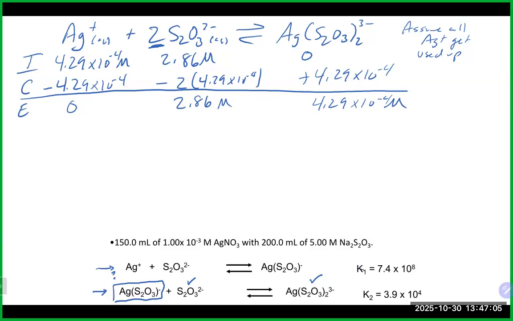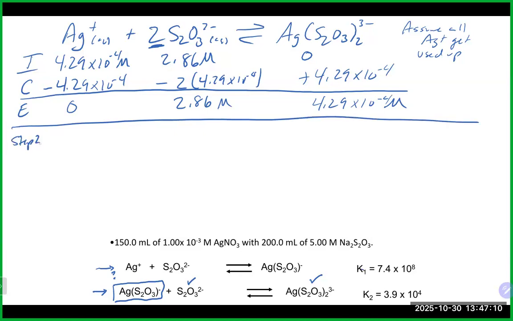And that means looking at step number 2 here, I have a K2 that is equal to the concentration of our product divided by our reactants, which in this case is this, and our S2O3 2 minus here.